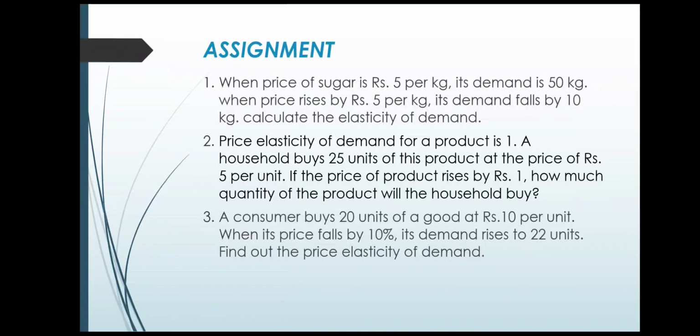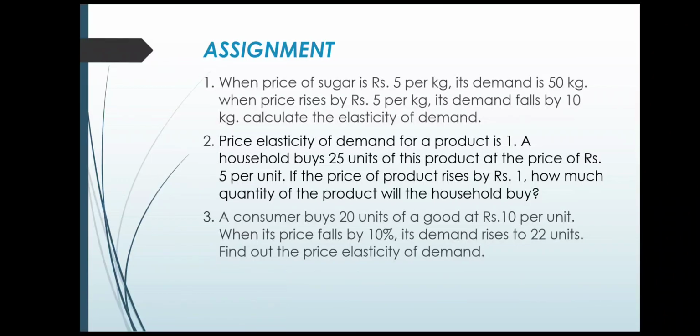The next question is, price elasticity of demand for a product is 1. A household buys 25 units of this product at the price of rupees 5 per unit. If the price of product rises by rupees 1, how much quantity of product will the household buy?